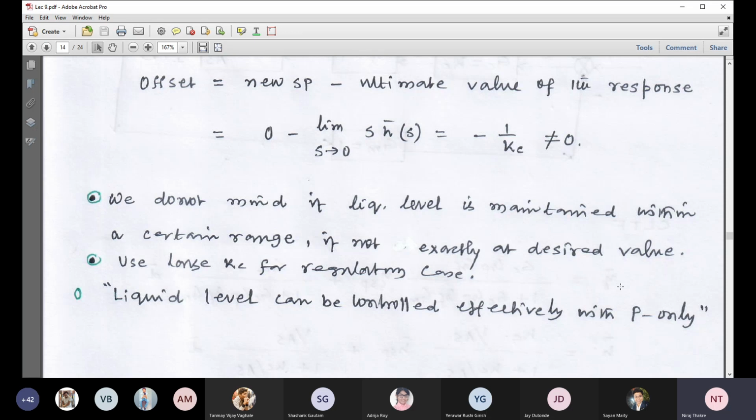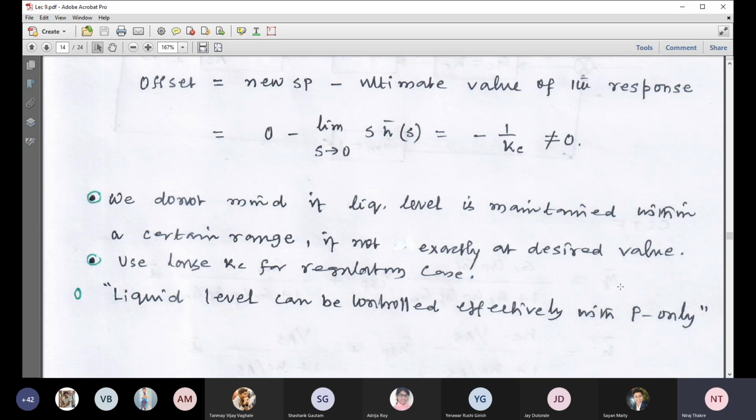Usually for the liquid level, that much accuracy is not needed. If that is the case, we can go ahead with the P only controller for liquid level control. For the servo case, we perfectly got offset equal to 0. For the regulatory case, we got -1 by Kc.